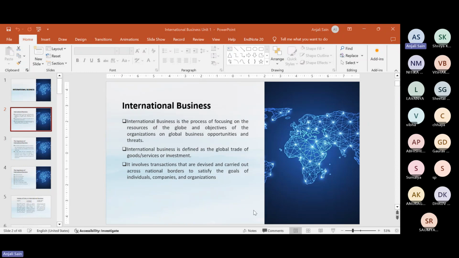Where is the slide you are talking about, which talks about the introduction to international business? Vishaka, these slides are all from your SLM. So if you study from your SLM, you'll get it all. And if you have any doubt, we can discuss it in your class. Any other doubt or any other question you have?